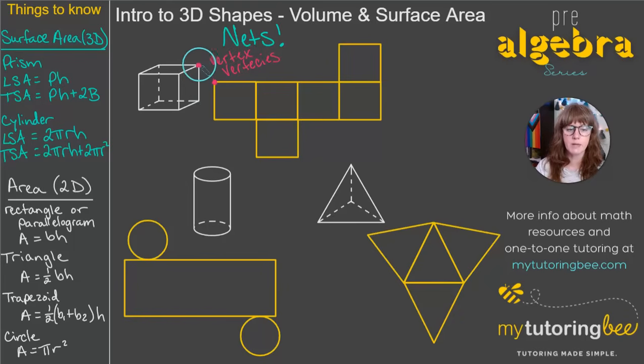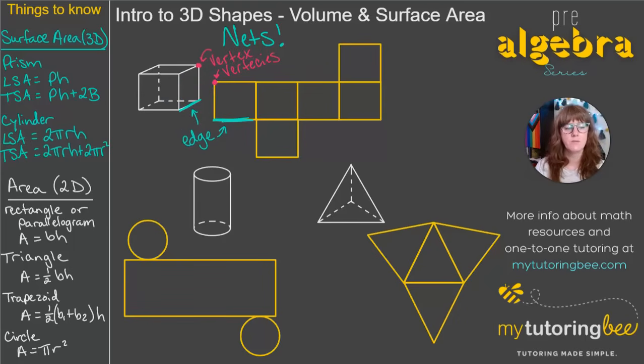So it's the corner of our shape. Another vocabulary term is the edge. The edges are the lines, those places where the faces of our 3D figures meet. They are full lines from corner to corner, from vertex to vertex.